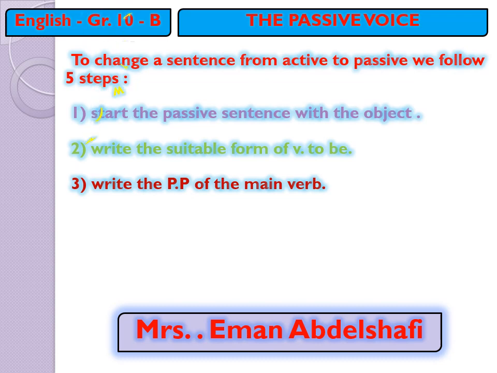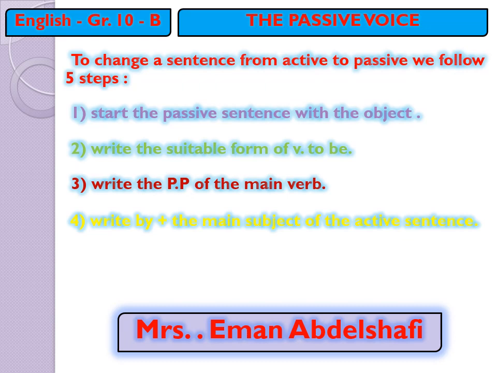4, write by plus the main subject or the agent of the active sentence. This step is optional, either to write it or to omit it.